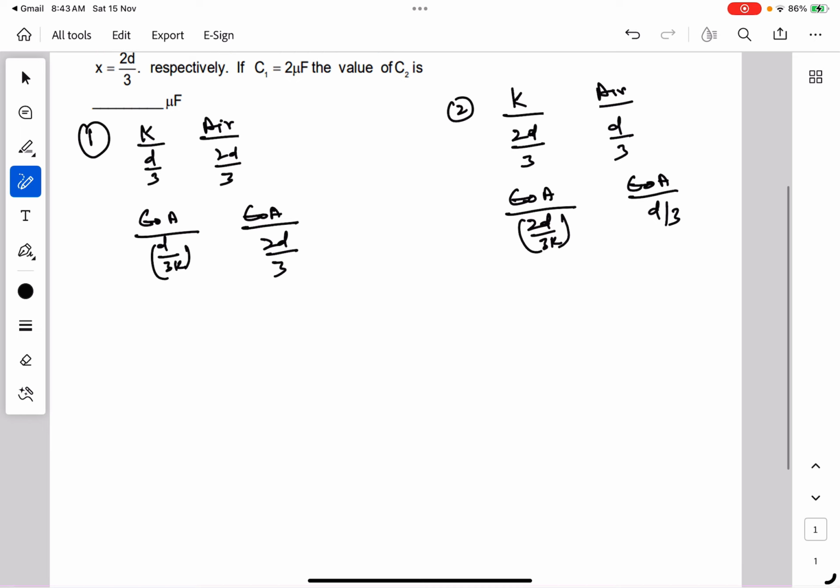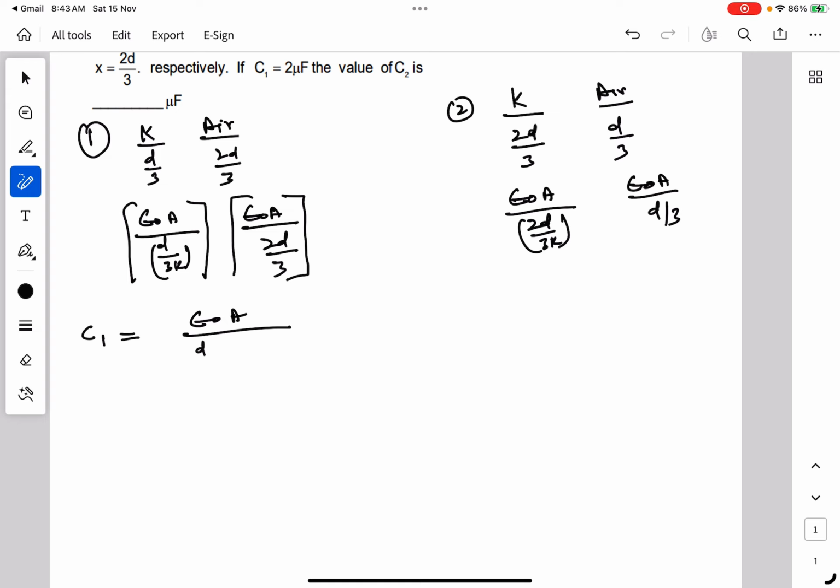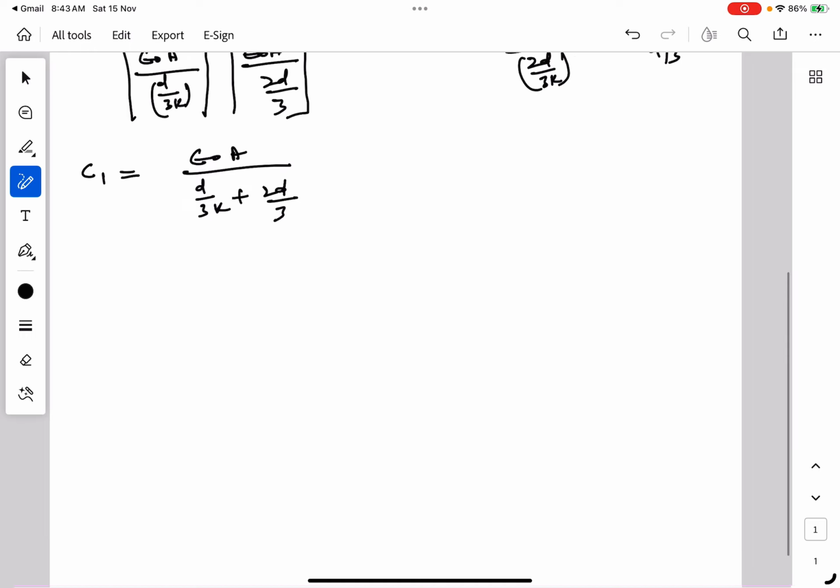So in the first case, let us find out equivalent capacitance C1. These two parts of capacitors are connected in series. So equivalent capacitance would be equal to epsilon naught A upon D upon 3K plus 2D upon 3.